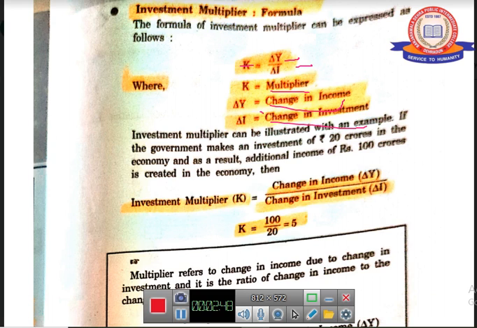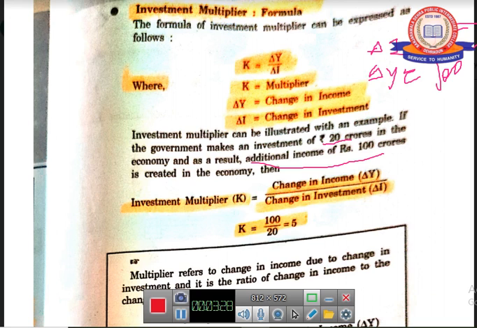Take another example. Investment multiplier can be illustrated with an example. If the government makes an investment of rupees 20 crore, so here del investment is 20, right? And as a result, additional income of rupees 100 crores. So here del income is equal to 100.